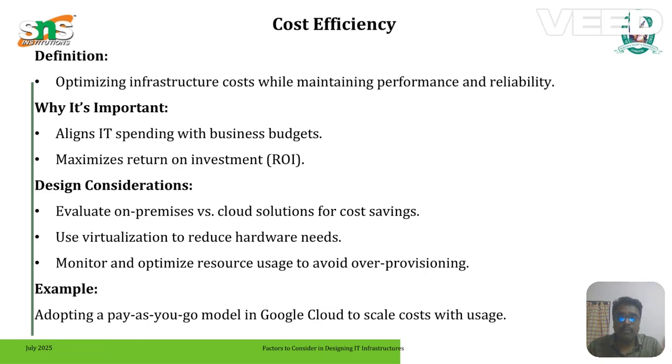Here we can go for cloud operations for cost savings. We can use virtualization for reducing hardware needs, so we need not buy hardware repeatedly. We also monitor and optimize resource usage to make sure that over-provisioning is avoided and our resources are used very efficiently.